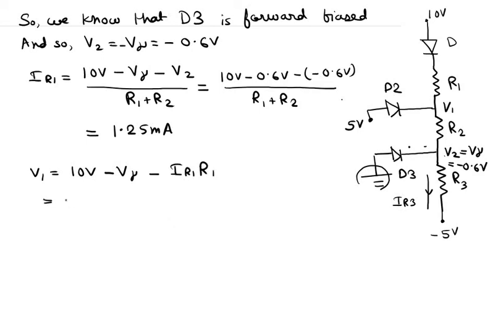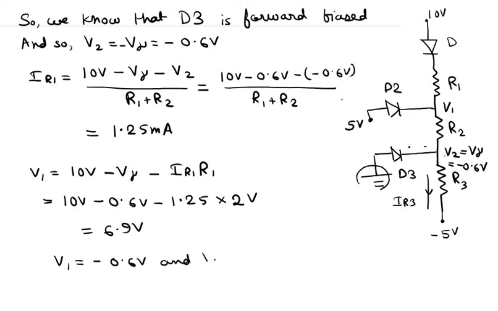So this is 10 volts minus 0.6 volts minus 1.25 times 2 volts, which gives me 6.9 volts. So we have found the values of V1 and V2, which were mainly asked. V1 is 6.9 volts and V2 is minus 0.6 volts.